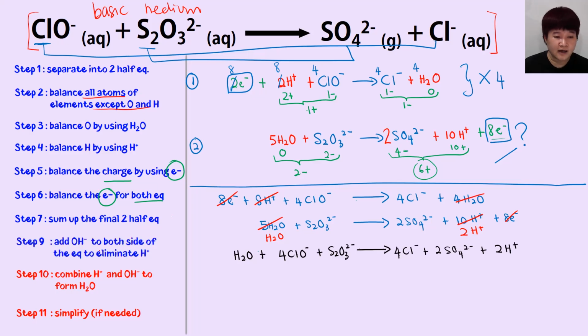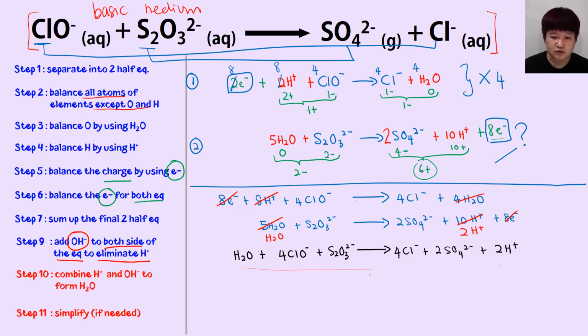And our next step in your basic medium is add OH minus to both sides of the equation to eliminate H plus. What do I mean by this sentence? Simple. We are going to add in OH minus to both sides. Why? Because this equation right now is already balanced.